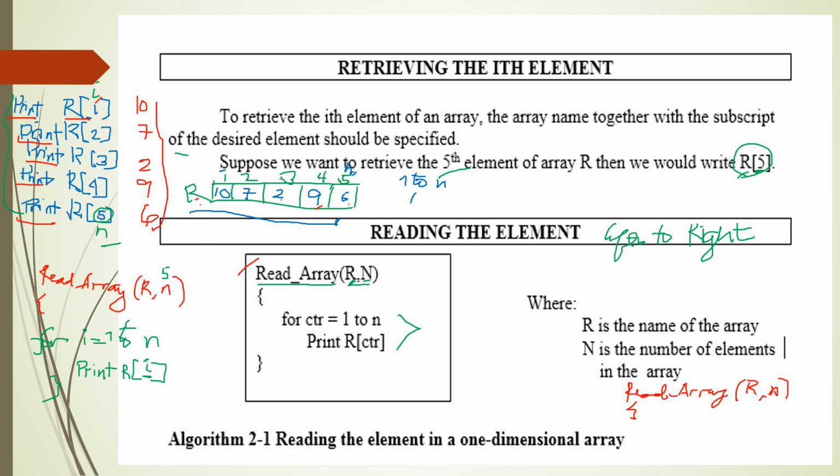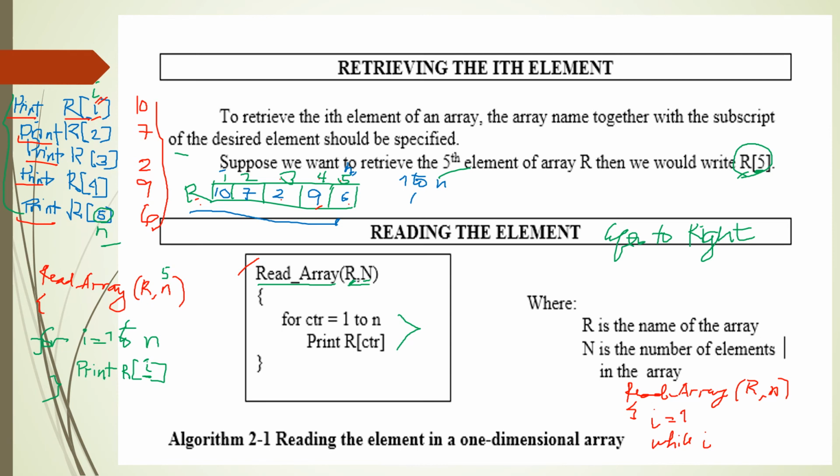While the value of I, what's the value of I? I initially is 1. So we will place I equals 1 before the while.